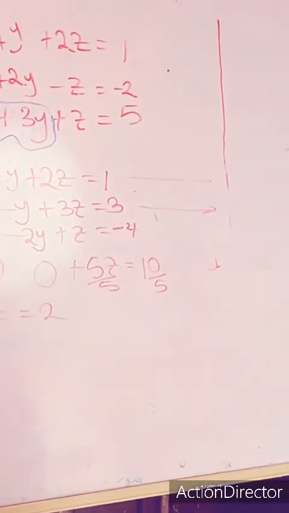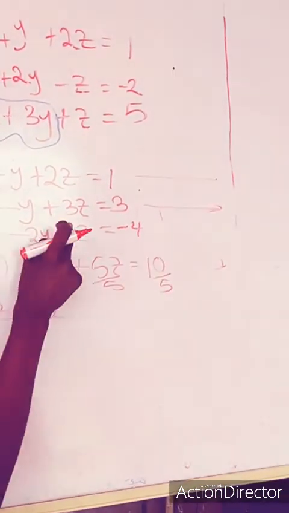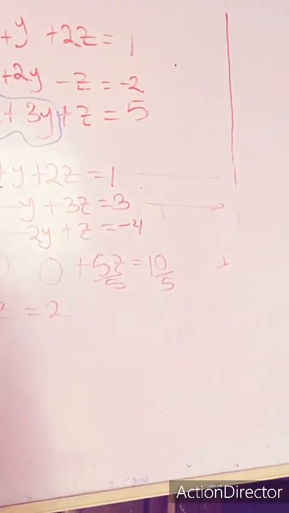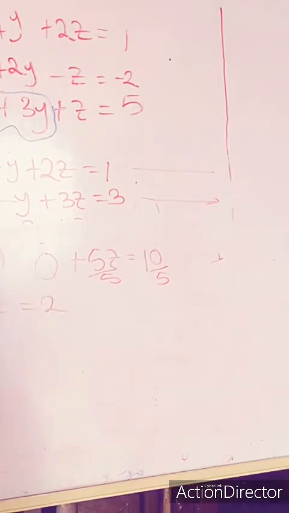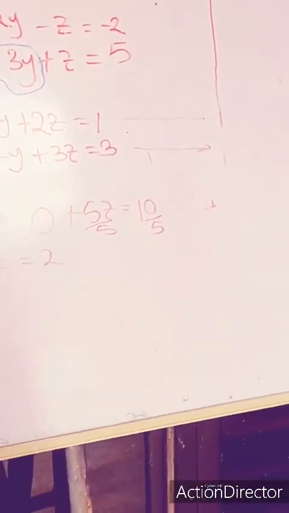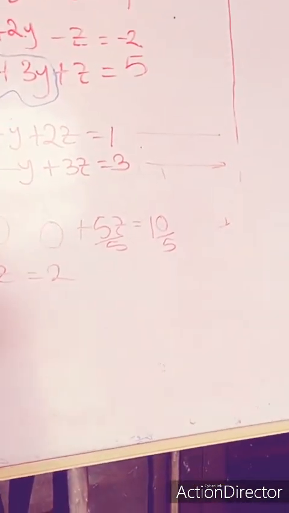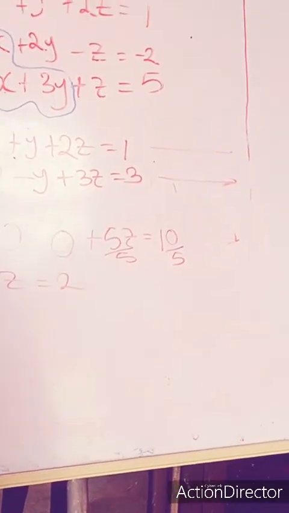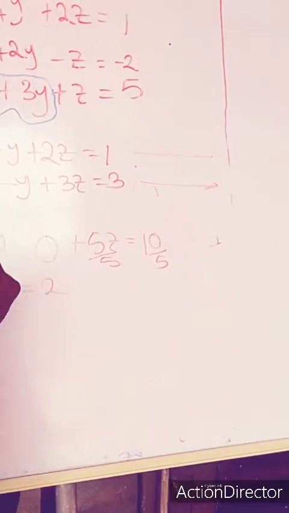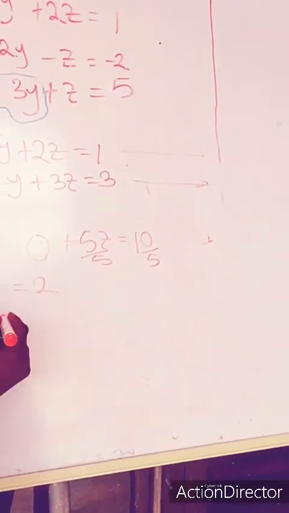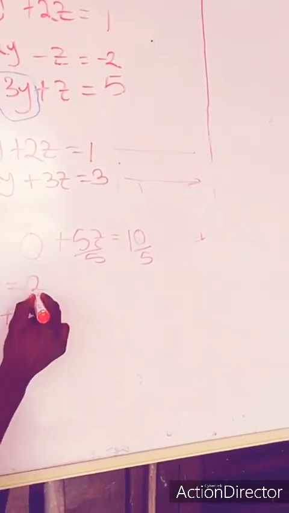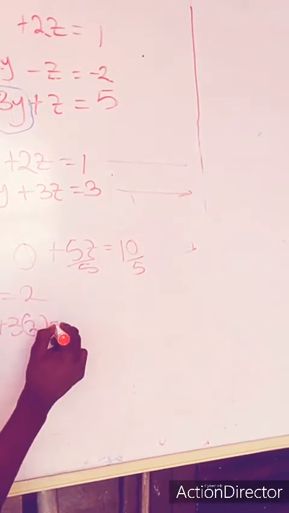Now, so we go to row 2 to get our value of y because this one is no longer needed. So let me clean it to avoid confusion. So this is what we have. Now, z equals 2, from this place we can get the value of y by putting the value of what? Z. So I have minus y plus 3 into bracket, the value of z, 2, equals to 3.